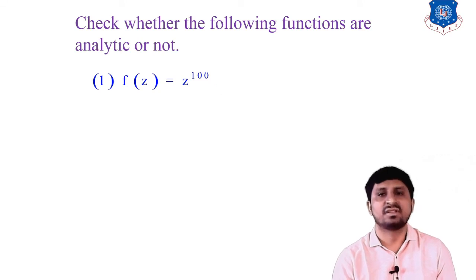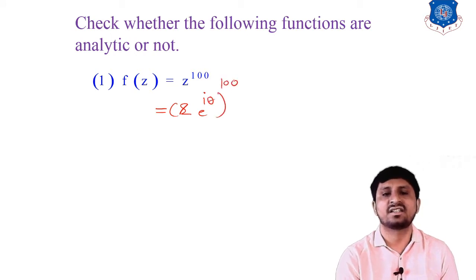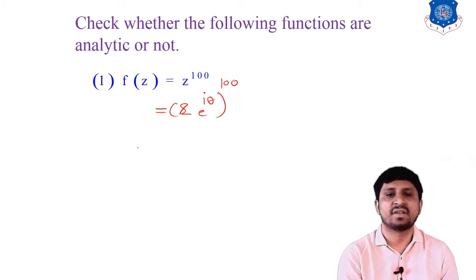So suppose this is my example, z raised to 100. Let's try to find all the partial derivatives. Let's take z is equal to r into e raised to i theta, so (r e raised to i theta) raised to 100. What is my function?